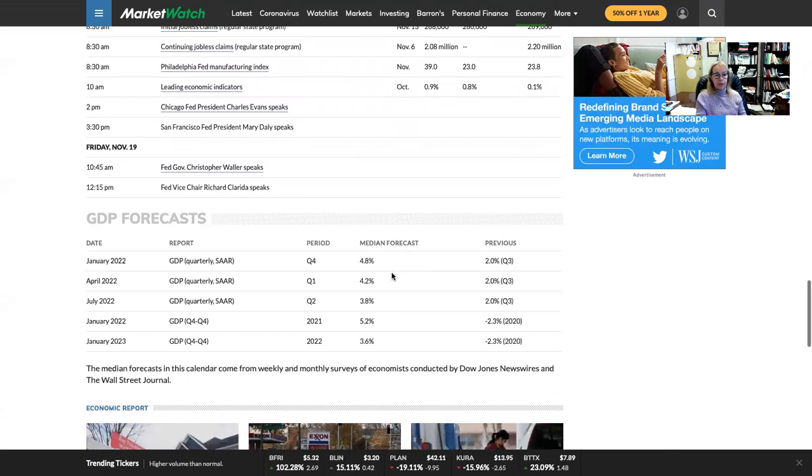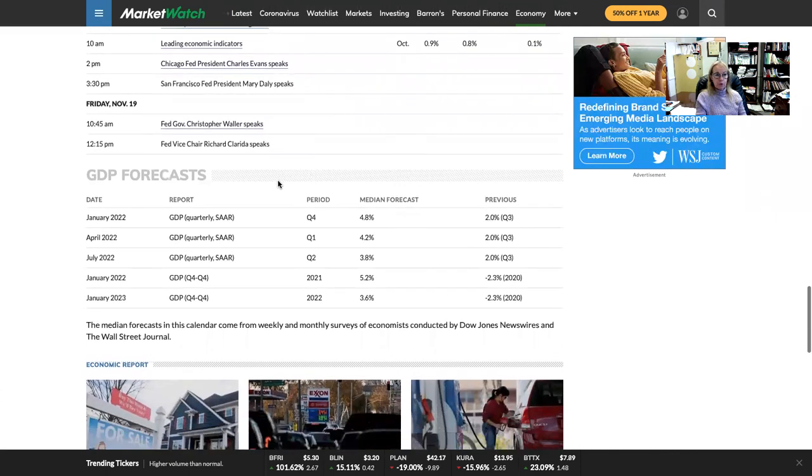Okay, I forgot, at the bottom of this they have a really cool GDP forecast. So definitely use this. This is what they think. This is the annual forecast. This is interesting.